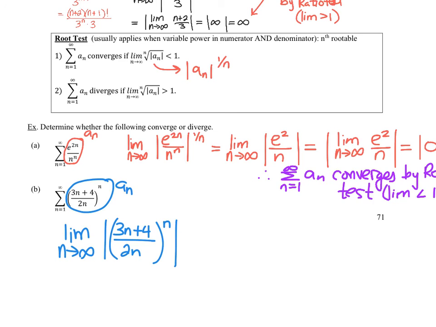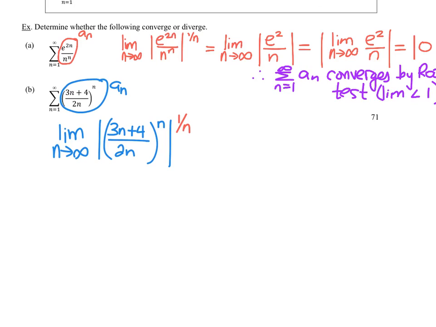But then we're going to raise that to the 1 over n power, because the nth root and raising to the 1 over n, that's the same thing. So we get 3n plus 4 over 2n.